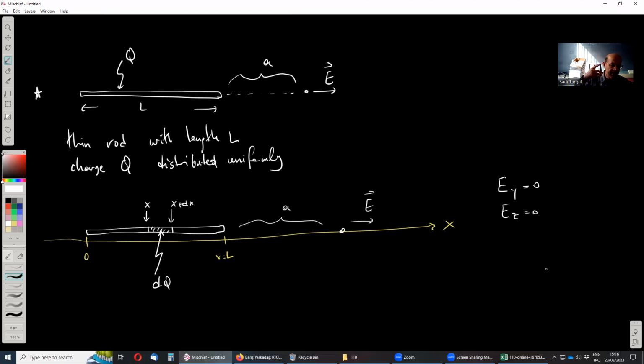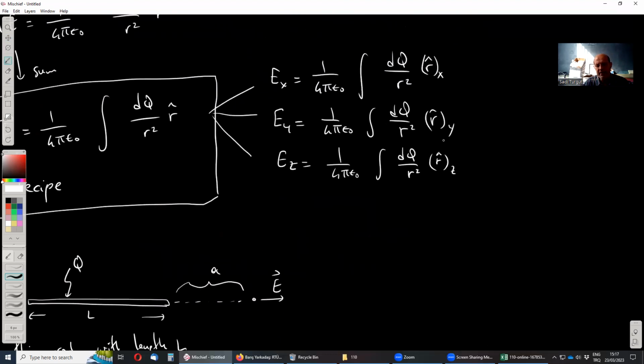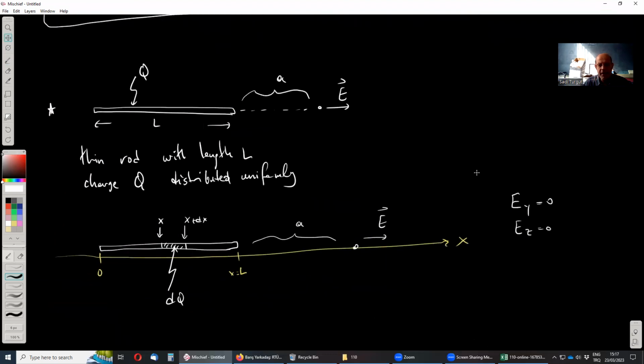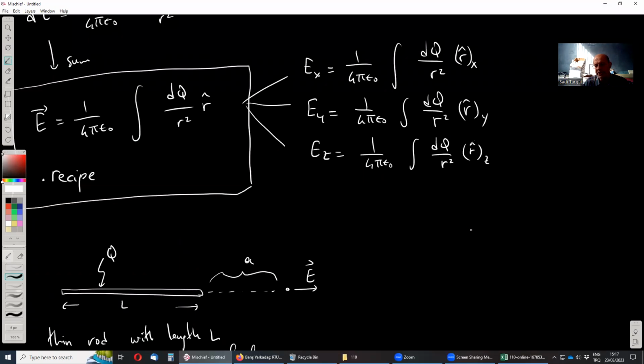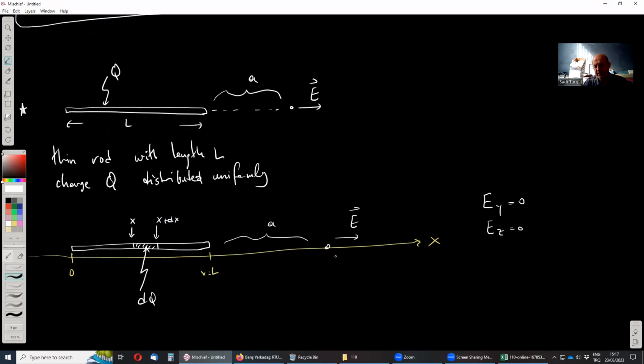You have some idea about the direction of the total electric field because of some symmetry reason, and in those cases you don't have to form these integrals. If I already know that Ey is equal to 0, I don't need to form this integral. In this particular case, the reason is that the radial unit vector is always the i unit vector. So we only have the x component in here.